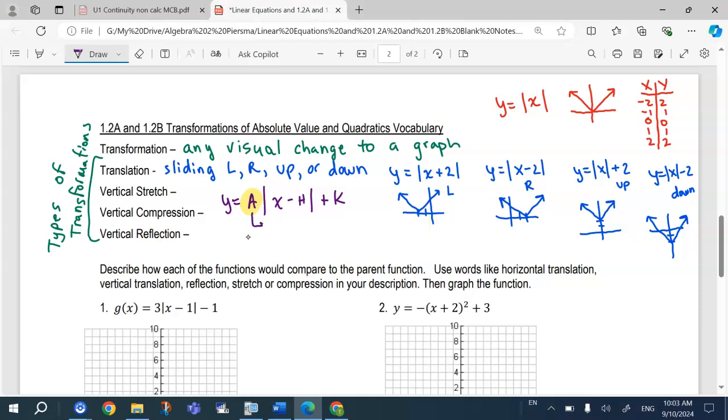So if A is bigger than 1, we stretch. If A is negative, we reflect, which means flip.